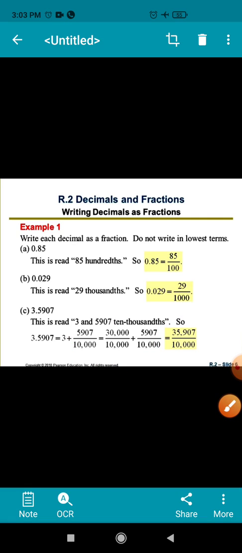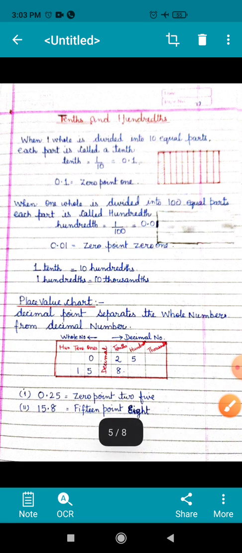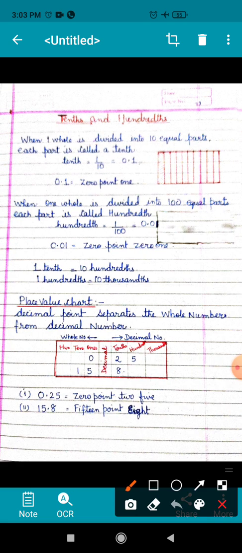Now let us know about the place value chart of decimal numbers. Children, here you can see the decimal separates the whole number from the decimal numbers. This is a decimal point, and to the left of the decimal there is a whole number, and to the right of the decimal there is a decimal number.